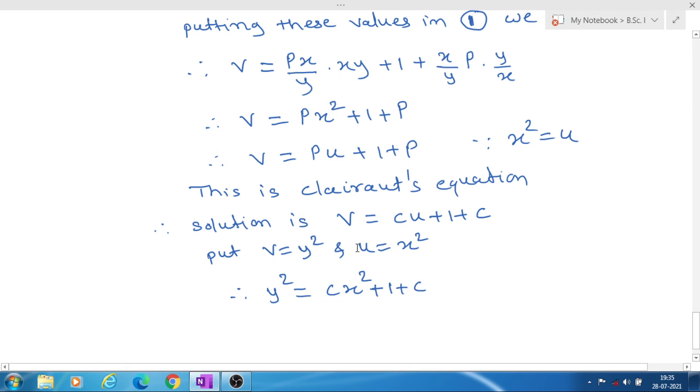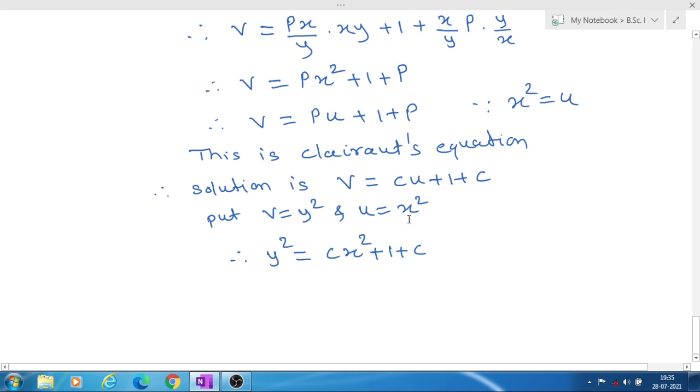Therefore the solution is v = cu + 1 + c, putting c for P. Now resubstituting the values of v and u, we get y² = cx² + 1 + c, and this is our required solution. So we stop here.